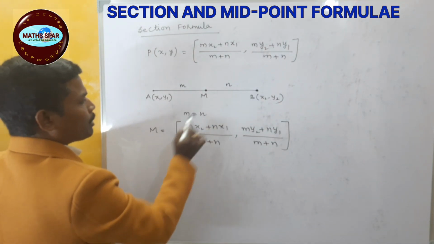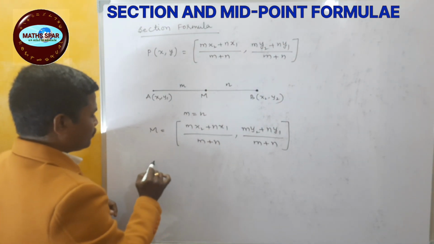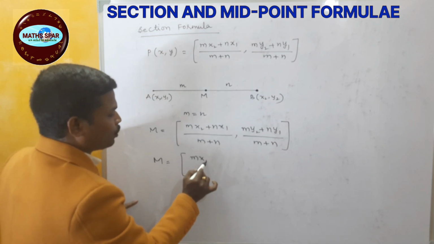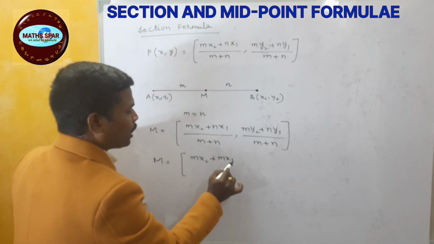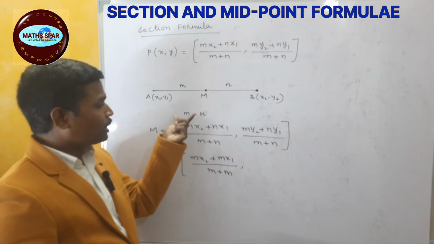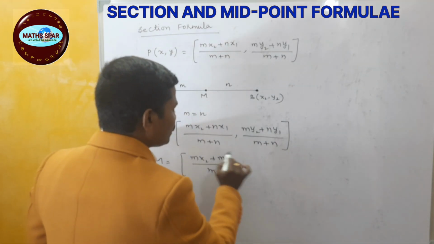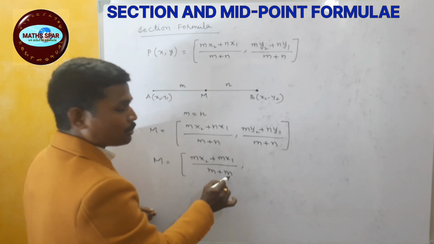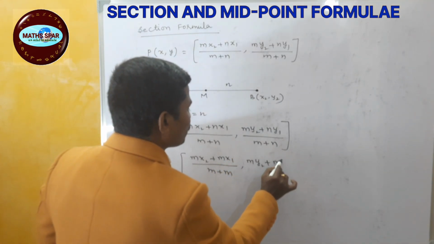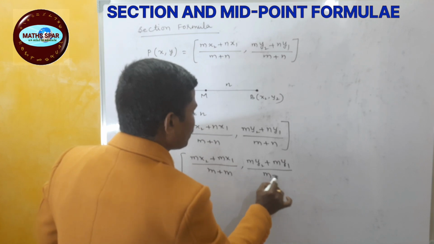Now because it is the midpoint, m and n are equal, so we write here mx2 plus mx1 by m plus m. Why? Because m is equal to n. So in place of n, we have substituted m. Then my2 plus my1 by m plus m.